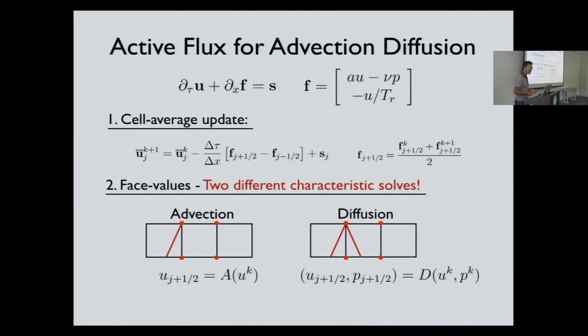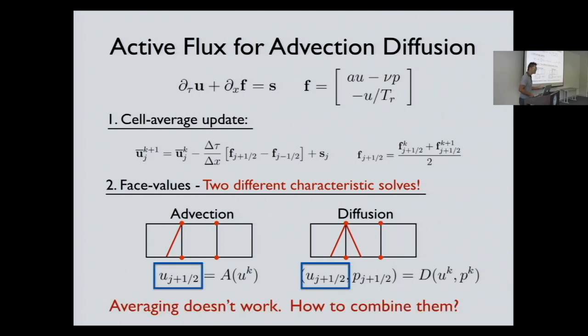However, at the face, now we have two different characteristic solves. One is advection. This gives tracing back. This gives the solution value at the face at k plus 1. And we have a diffusion solver also, and this also gives a solution value at the face. So which one should I use?